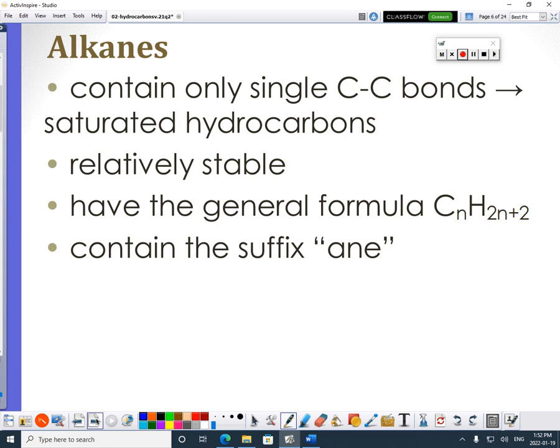We are going to focus on how it's arranged. Okay? So for single bonds only, then the ending would be ANE. When there is no longer just single bonds, or we've added something to make a new family, that's when we're going to change the ending.